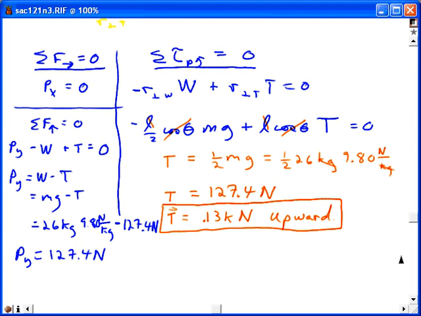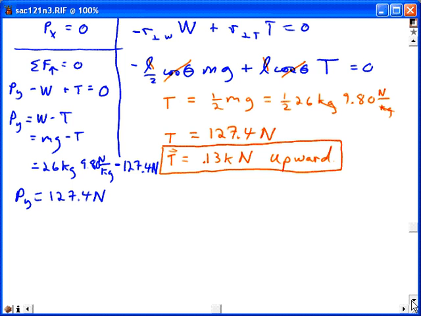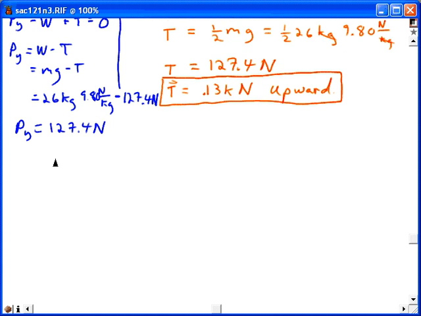Okay, we get a little vector addition problem to do to get the total P. It's a trivial one in this case.